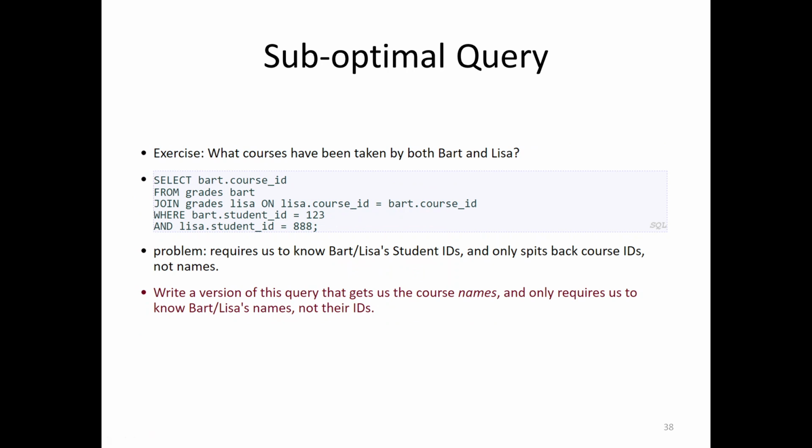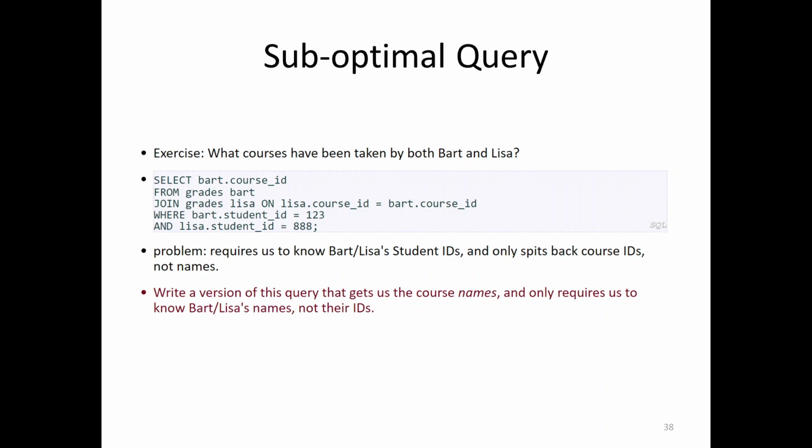Now it's just an exercise. The exercise is I'd like to find courses that have been taken by both Bart and Lisa at the same time. So what should I do?